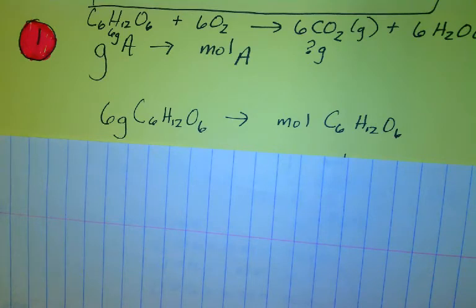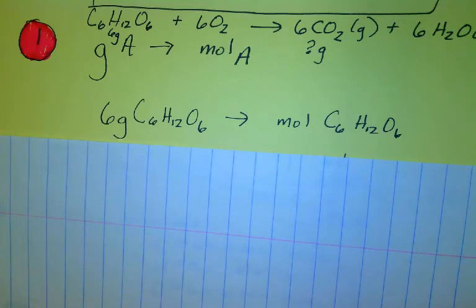Do you remember what step 1 is? Write down what you already know. So what do we know? Well, we know the molar mass of the sugar, and then we see how many times 6 grams goes into the total, and then we divide, and that's how many moles we got.